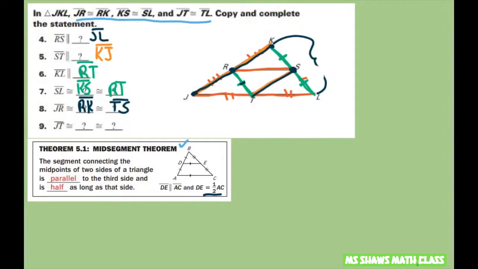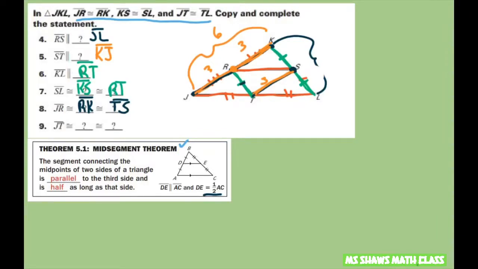Because again, this line here is double this line. So if this was 3 and this was 3, the whole thing being 6, then this is half of 6, which is 3.